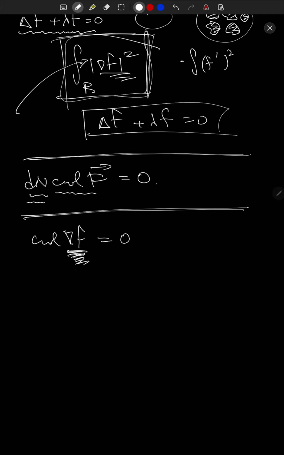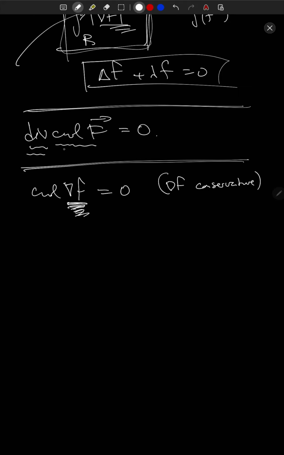It's obviously true when you write out the definitions of the curl and the gradient. But I'm going to write it like this: gradient f conservative. By the way, for the one above, you can think of this in words as the curl of a vector field has no sources or sinks, because that's what divergence measures.